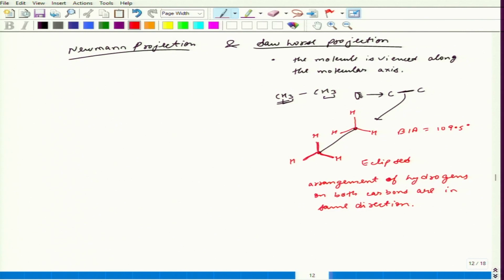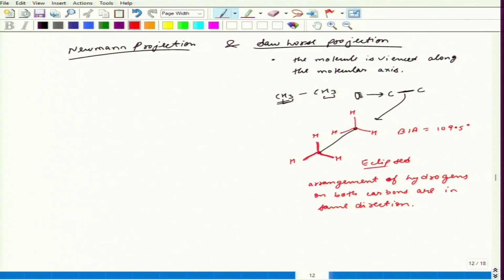I have told that eclipsed means the hydrogens of the carbon atoms are as close as possible, and that is only possible when all the bonds are going in the same direction. So, if the arrangement of the hydrogens on both the carbons is exactly the same, then the atoms will be as close as possible to each other. So, this is an eclipsed conformation.